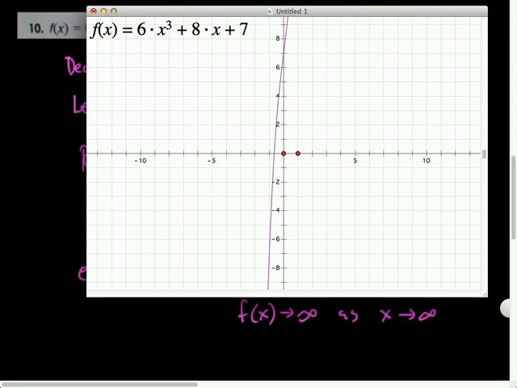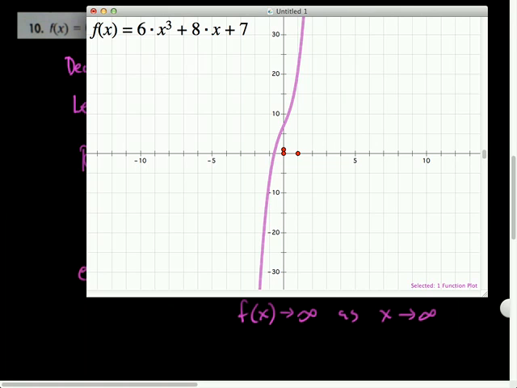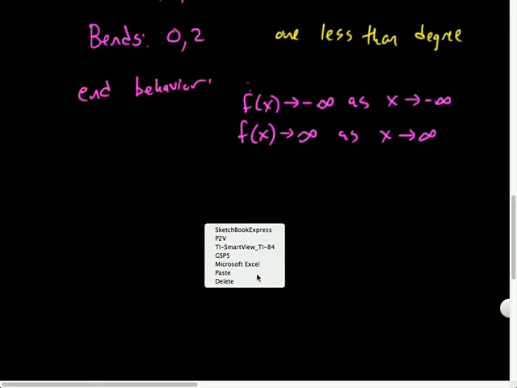Actually, I'm going to change this to a rectangular grid. So I'm going to distort it, but let us see what's going on a little easier. And I'll make this medium. So looking at this graph, let's see if we're right. I changed my scale a little bit, and let's just see what we got.